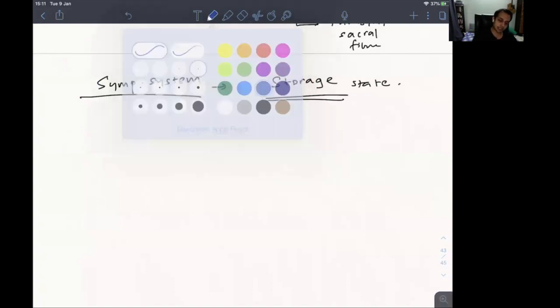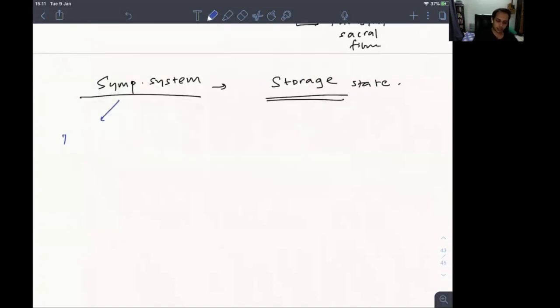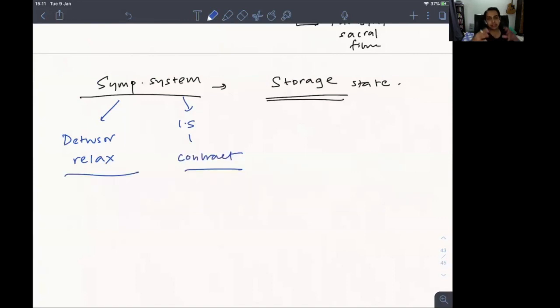So what does the sympathetic system do? It will cause the detrusor to relax and it will cause the internal sphincter to contract. So then the detrusor will relax so that more urine gets filled into the bladder and your internal sphincter will constrict so that the urine doesn't come out.